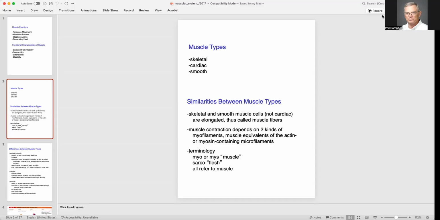That's the heart. I'm going to discuss in general the differences and similarities between these three, but for the rest, after the second slide beyond this, I want to focus on skeletal muscles. That's not to say the cardiac muscle isn't obviously important. You wouldn't survive without it.